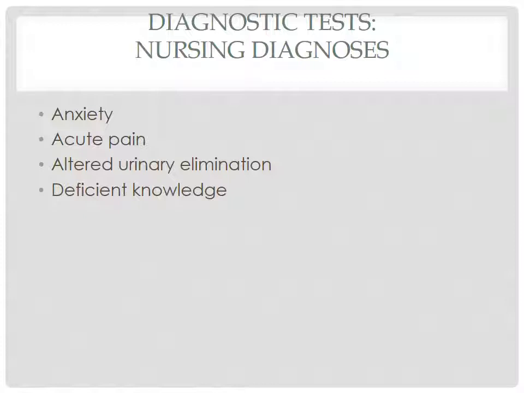Deficient knowledge, as we know, always starts with knowing where the client is and how much they understand. That's a jumping off point for teaching. We want to make sure that we are communicating with the patient about who the people are that will be caring for them, especially when they're going into a procedure room or operating room for any test.